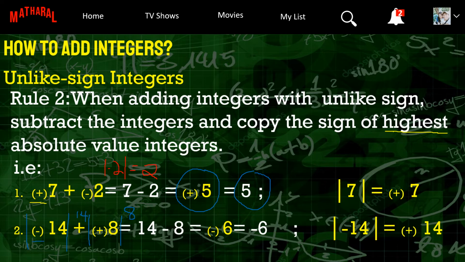The original sign is negative. So, that is why, instead of 6 is the answer, our final answer is negative 6. And if you want to rewrite it, it is negative 6 lang po. So we have rule 1 and rule 2. So let's proceed.